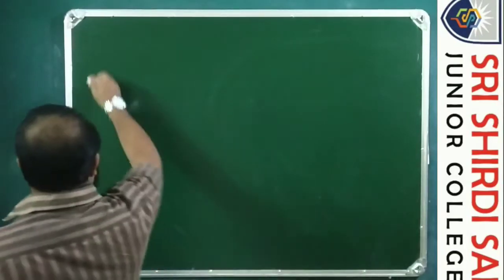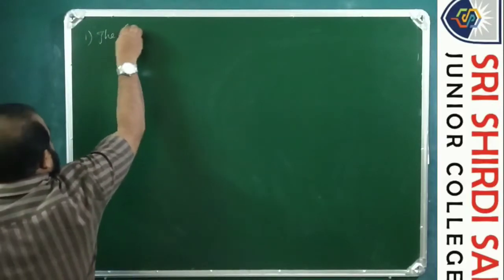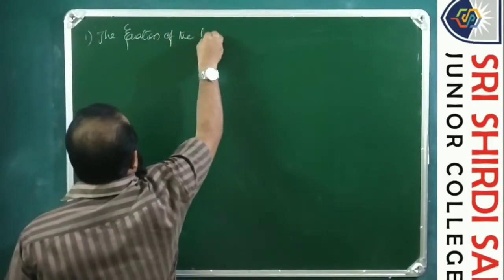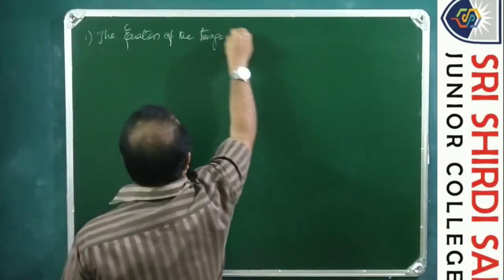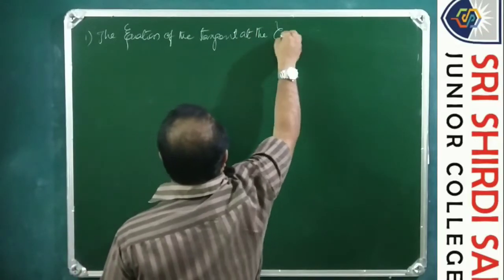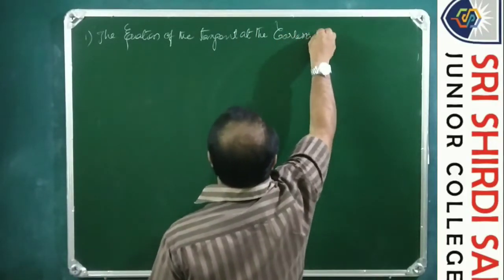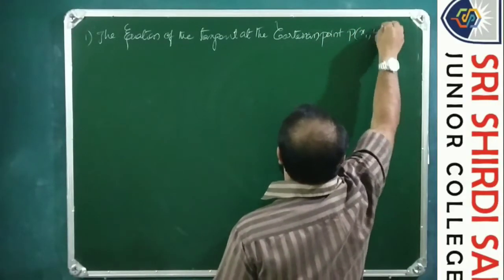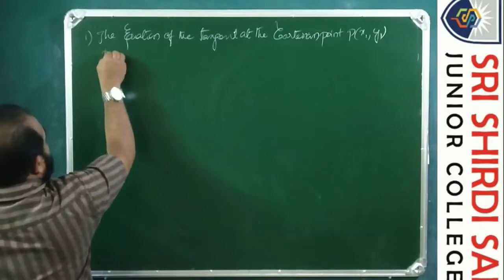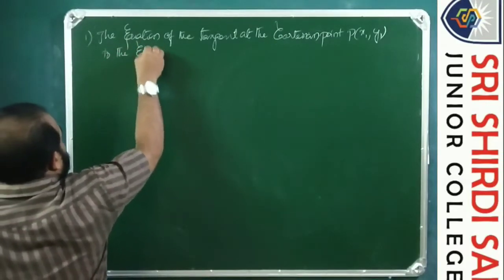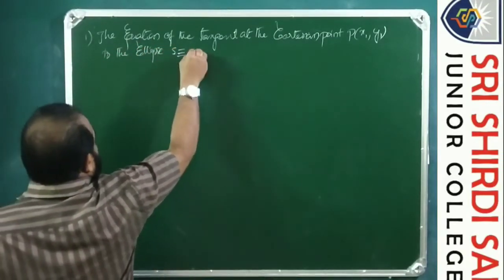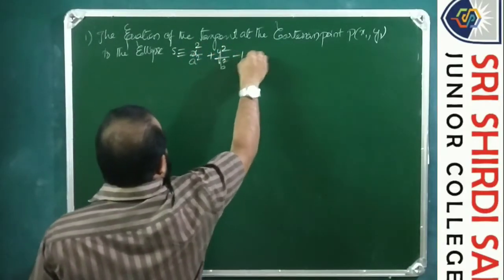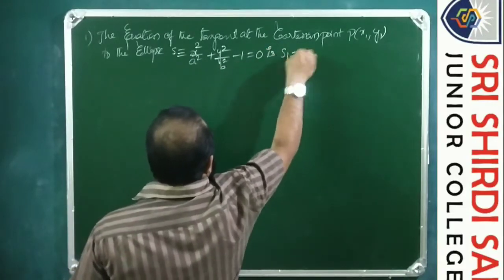First, the equation of the tangent at the Cartesian point P(x1, y1) to the ellipse S: x square by a square plus y square by b square minus 1 equals 0 is S1 equals 0.